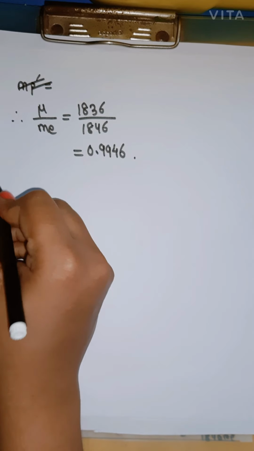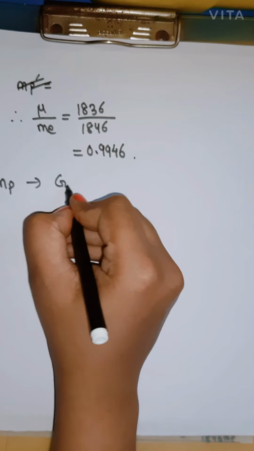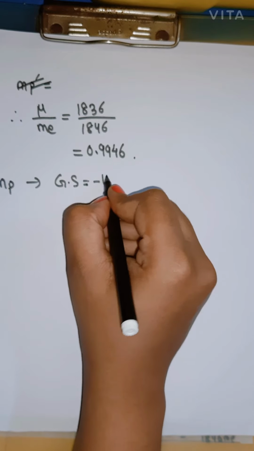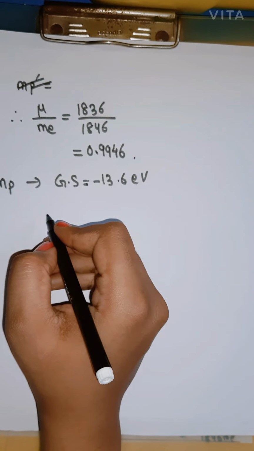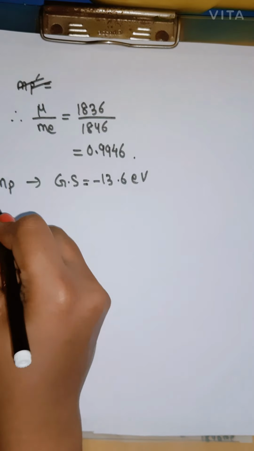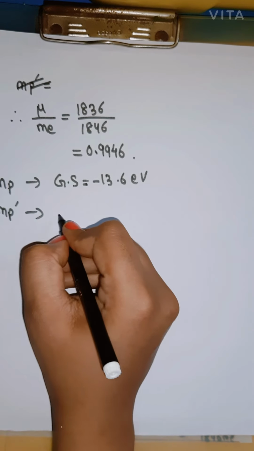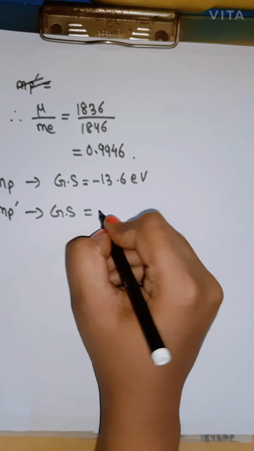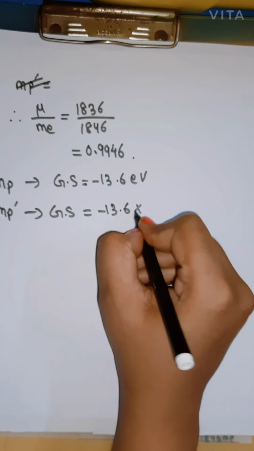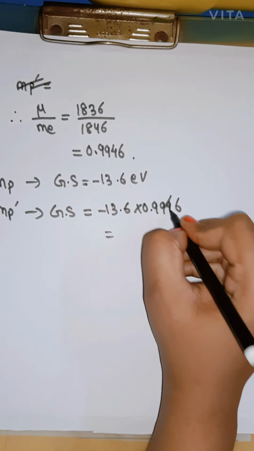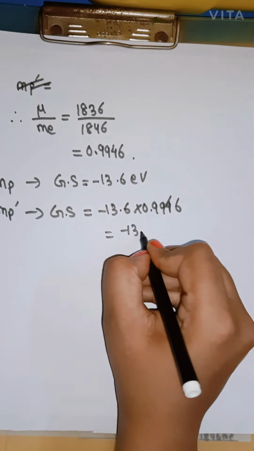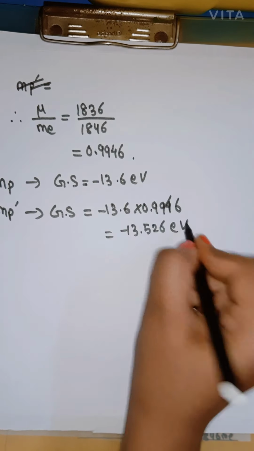For the normal proton with mp, the ground state energy is minus 13.6 electron volt. Now for mp dashed we will have the ground state energy as minus 13.6 into 0.9946, which is equal to minus 13.526 electron volt.